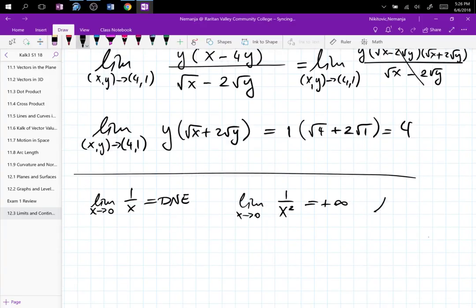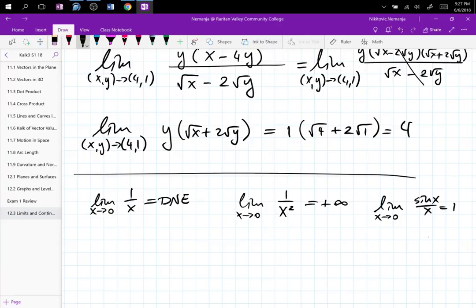And finally, the limit of sine x over x as x goes to 0 is 1. So here are the 3 cases in which all of the denominators are 0. Example 1, example 2, and example 3 all have 0 as the denominator. Are they all does not exist?